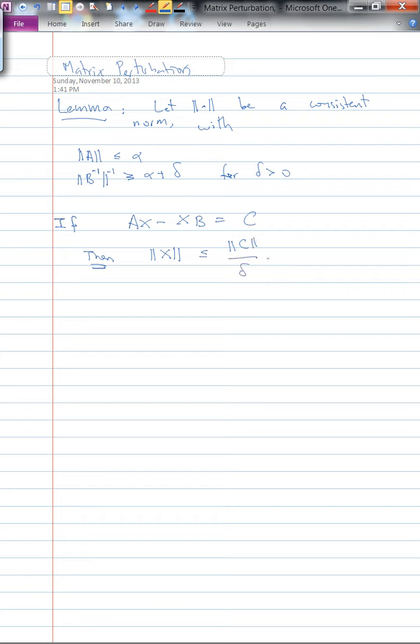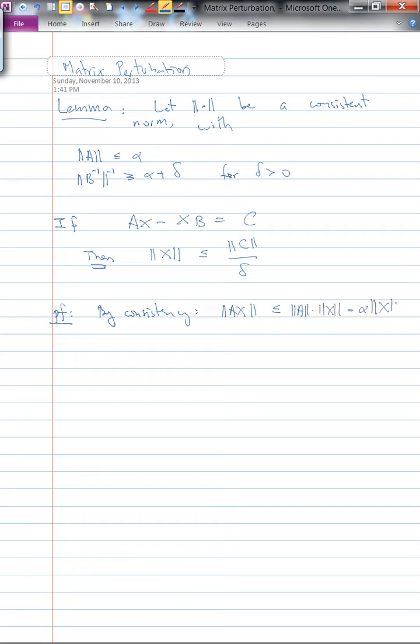So how are we going to use this? Let me give the proof first. So by consistency, we know that the norm of AX is less than the norm of A times the norm of X, which is alpha times the norm of X by assumption.